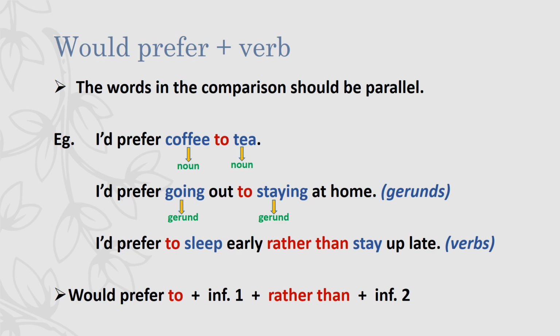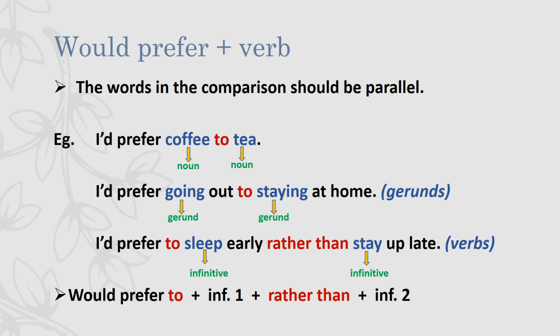Take care, the structure is completely different. I will not use to in the middle, but I will attach it just after prefer. I'd prefer to, and then the verb in the infinitive, and then I will use rather than, and then the other infinitive, but this time it's a bare infinitive without to.